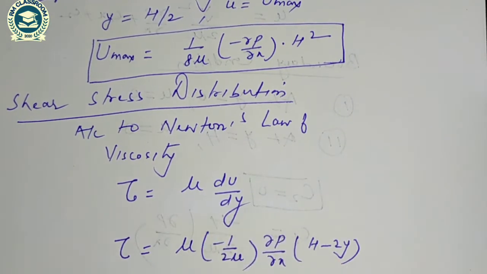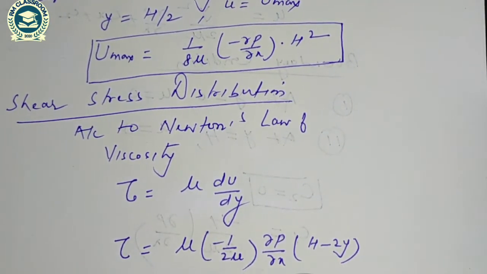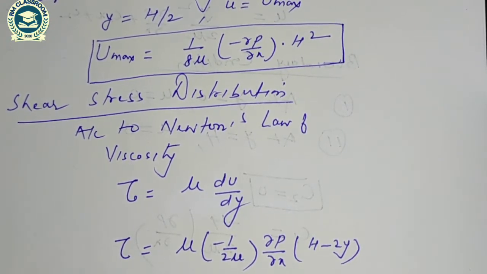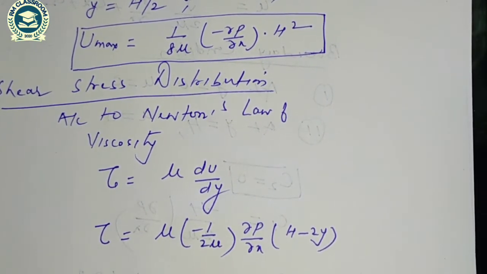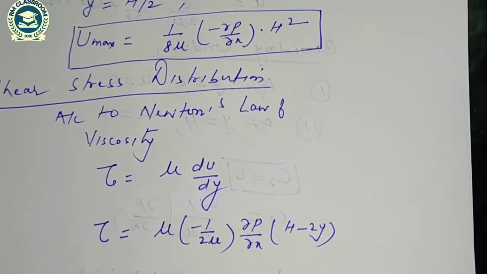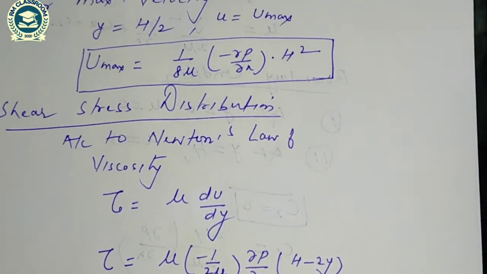So once we derive, shear stress is equal to minus del p by del x into h by 2 minus y. So this is the general equation of shear stress.